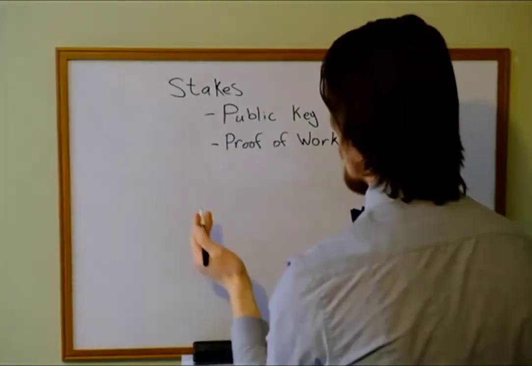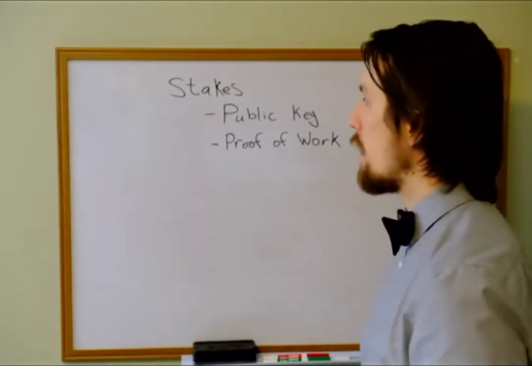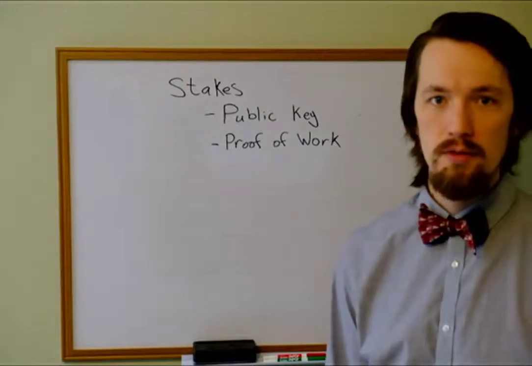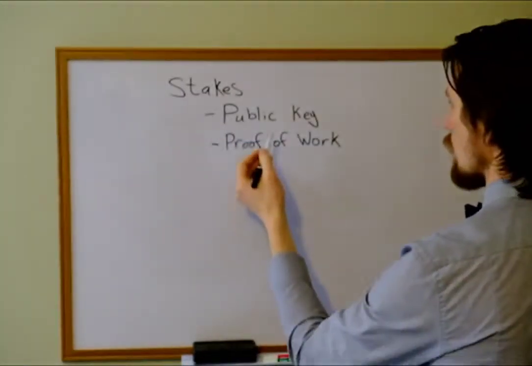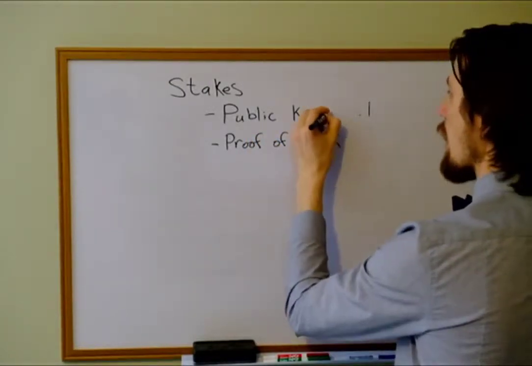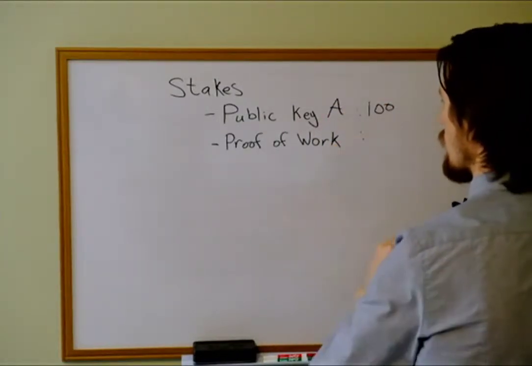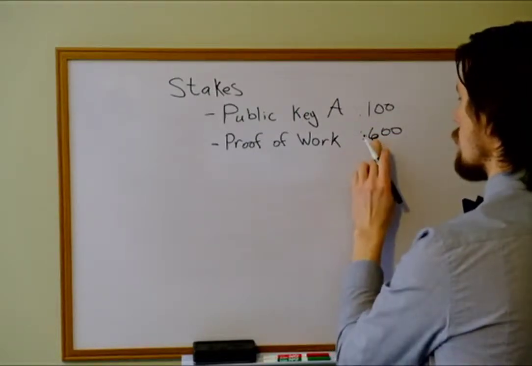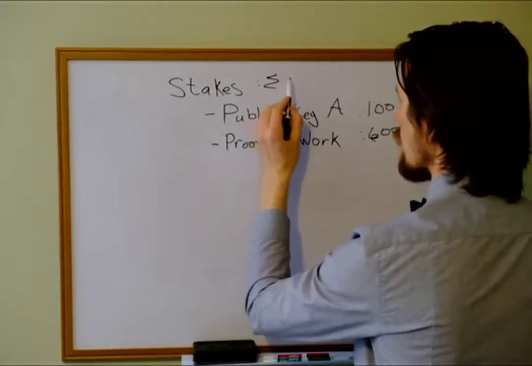And to each of these, they would assign some weight. The cumulative of all of these would give us our final weight from which we would derive the percentages of each of these. So I'll say public key A has a weight of 100 and proof of work has a weight of 600, totaling a cumulative weight of 700.